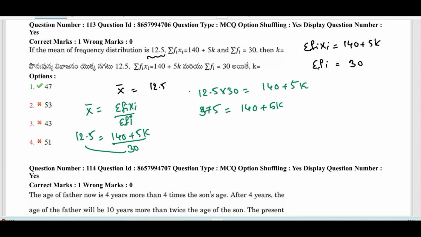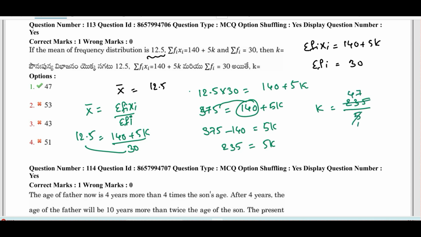Transposing 140 to the other side, we get negative 140. So this becomes 375 minus 140 is equal to 5k. Subtracting, we get 235 equals 5k. From this, k is equal to 235 by 5. 5 1 the 5, 5 4 the 20, 5 7 the 35, 47. So k is equal to 47. That is the first option, the correct answer.